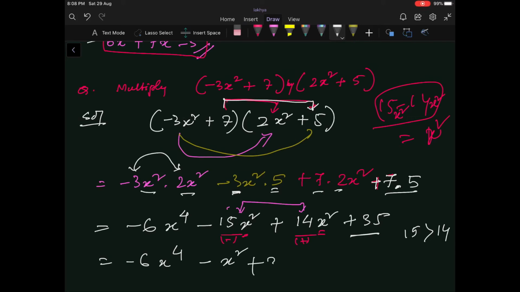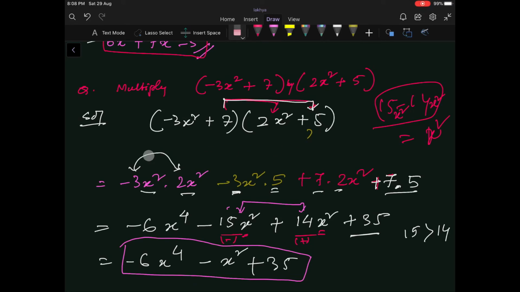Only plus 35. So our result is minus 6 x to the power 4 minus x square plus 35. So that's how we can find the product of two binomials. It's very simple. I don't think there should be any doubt regarding this.